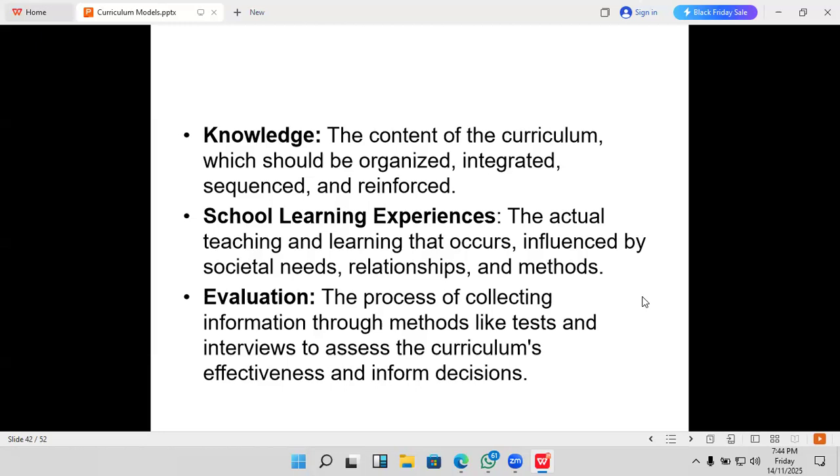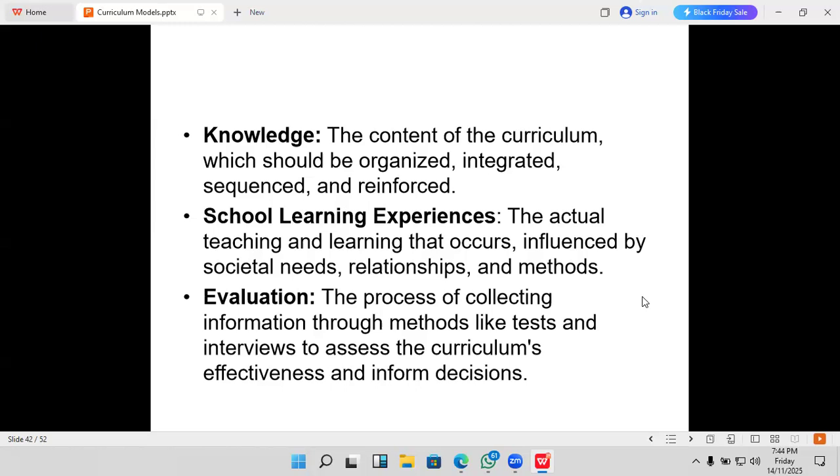Simply and using an ad hoc method, we can't put the chapters in a textbook. The textbook designer should use Kerr's model, his advice, to organize the subject in a textbook: integrated, sequenced, and reinforced.